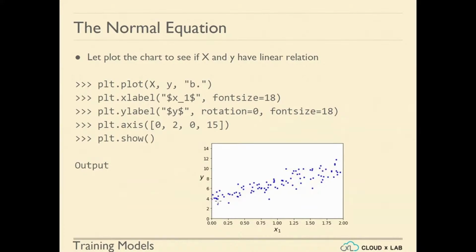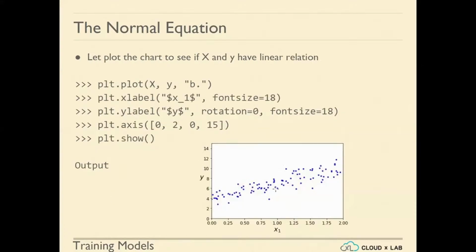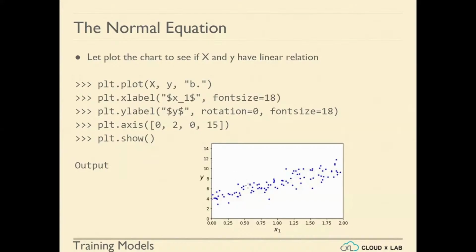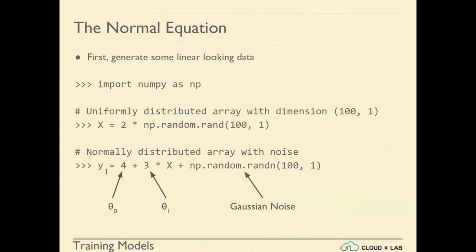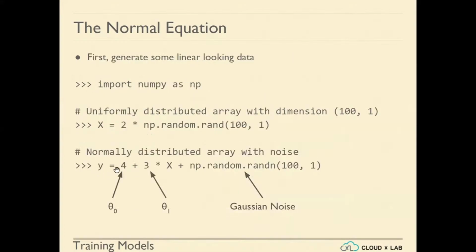When you fit a linear model, you will get some error, because we have added random noise to each data point, and this random number can be positive or negative. That's why we have some variations in our data points, right? So we are generating these data points using the equation y is equal to 4 plus 3x plus random number, right?